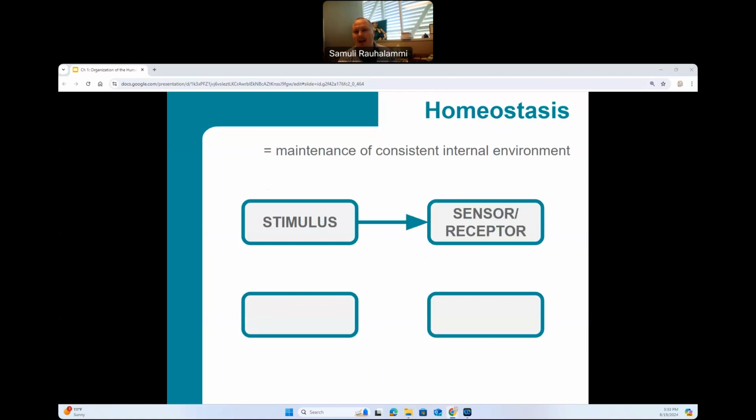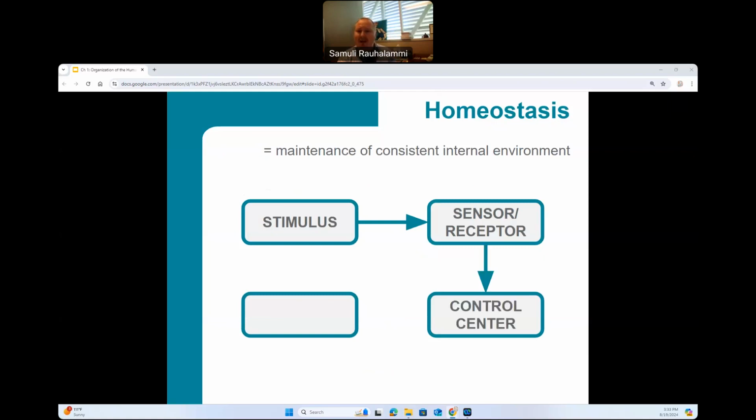The stimulus is recorded by a sensor, or if you wish to call it a receptor, which is constantly screening what's happening with that stimulus. For our example, we would have thermoreceptors, both internal and external, throughout our body. Do notice, though, that the sensor itself is not really aware of the status of the stimulus. It simply detects and collects information on it.